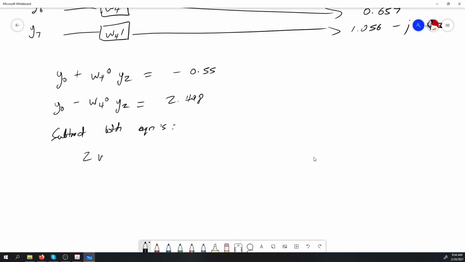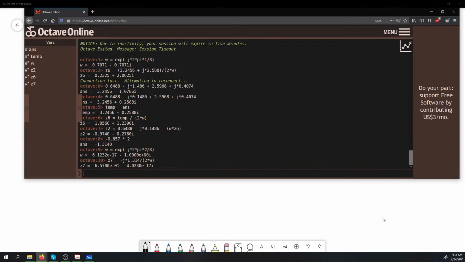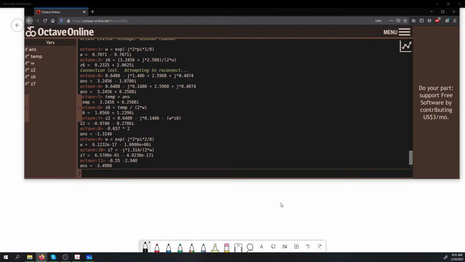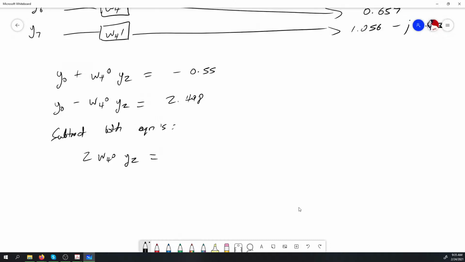So we get 2 w4 of 0 y2 here is equal to, in Octave here, negative 0.55 minus 2.498. So we get negative 3.498.